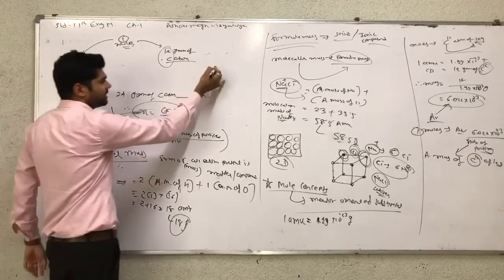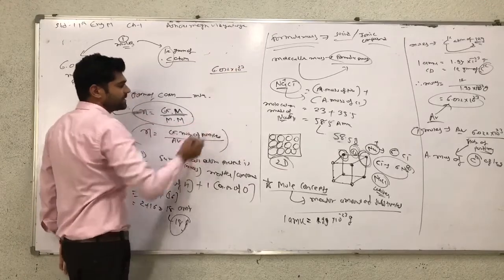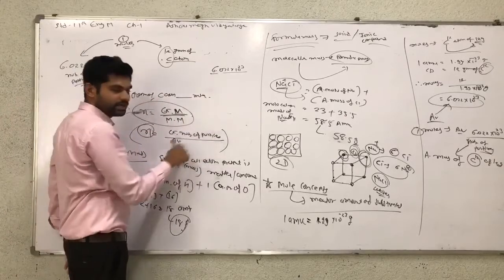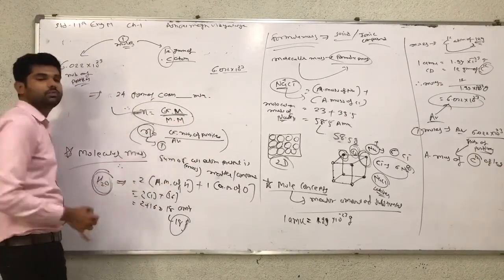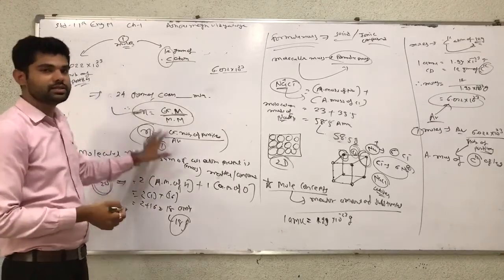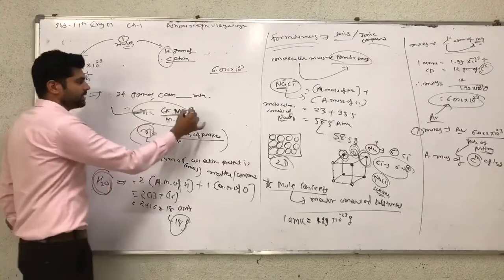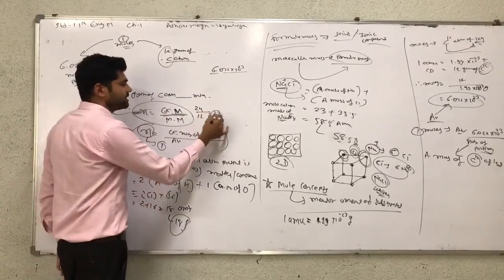It means you can say 6.022 into 10 raised to 23 particles means how many moles of carbon. So the answer is 6.022 divided by 6.022 into 10 raised to 23, so the answer is 1. It means 1 mole of carbon is present in these particles. In a similar way, here 24 grams means given mass is 24, mass of one carbon atom is 12, so the answer is 2 moles.